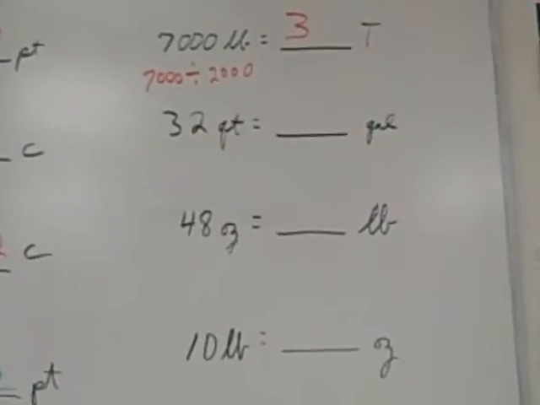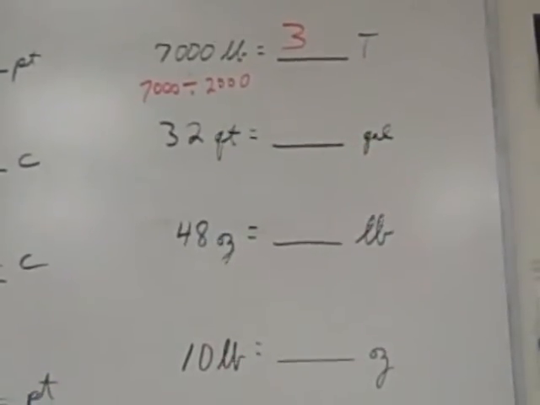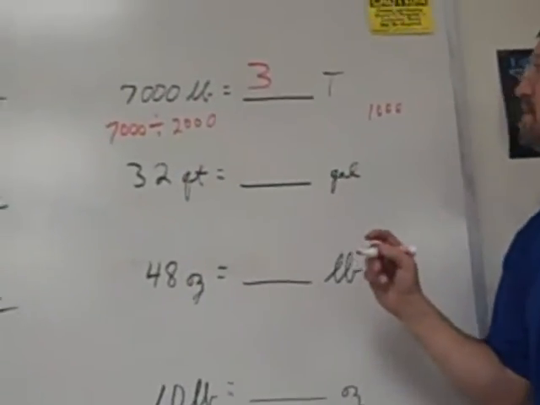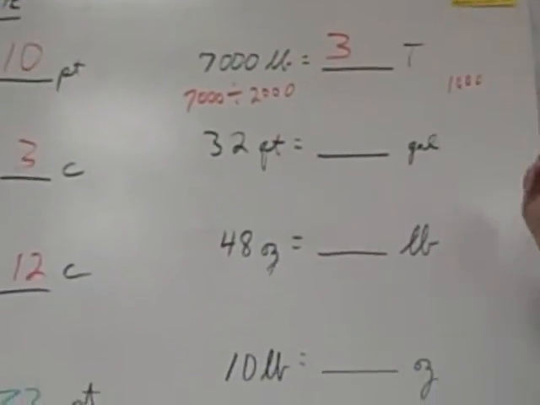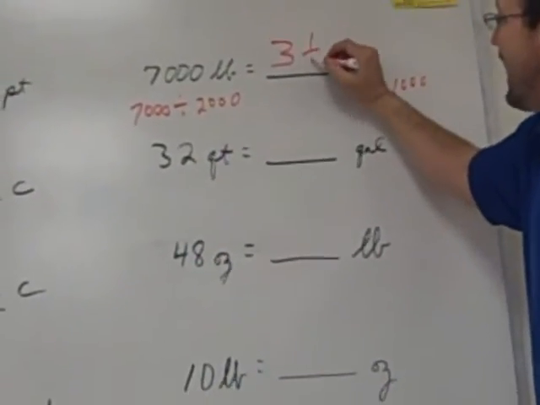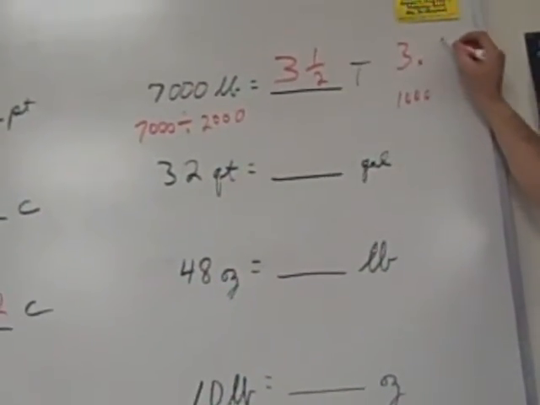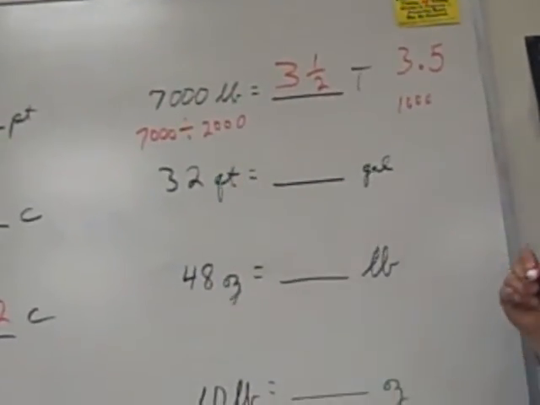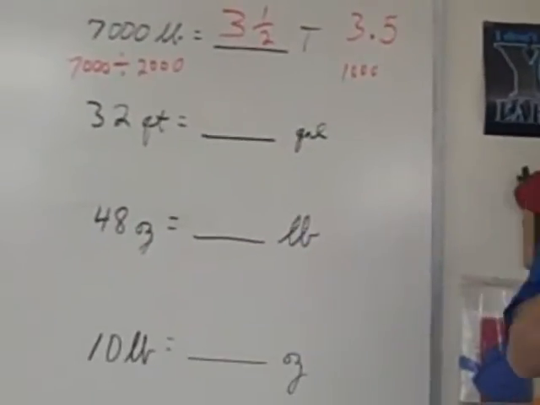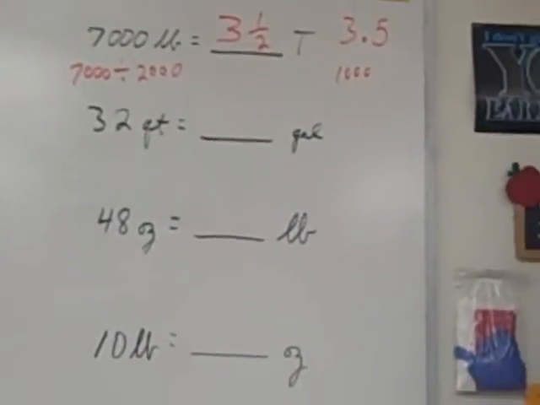I got 1,000 left over. What is 1,000 pounds in ton? It's a half a ton. 0.5. So I can put half, or I could put 0.5. 3 tons and another half a ton.